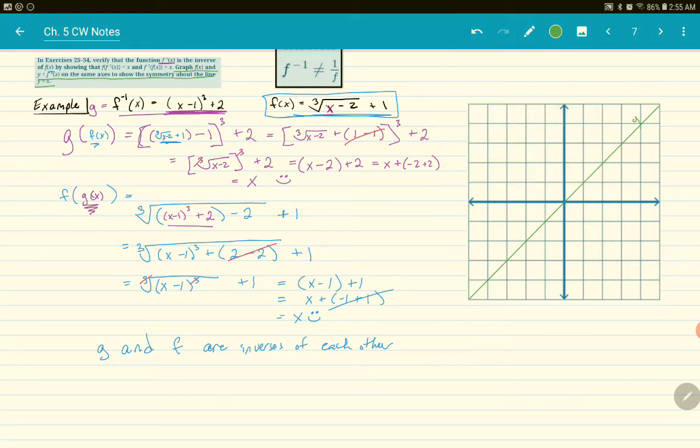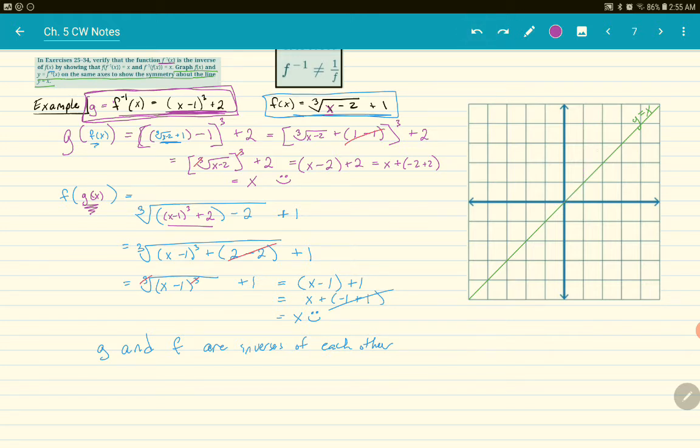So if they are inverses of each other, they should be symmetric over that line, like that line's a mirror between them. So let's draw g, I should say, the f inverse, in purple. So that is the x cubed graph, which looks something like this. Let me try that again.